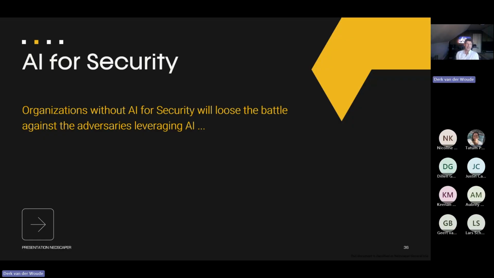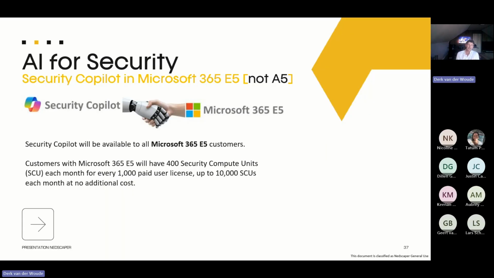So the second part is AI for security. How do I leverage AI in my security operations? One of the big announcements is Security Copilot will be available in the E5 license, not in the A5. Keep that in mind. The numbers are 400 SCUs for every 1,000 paid E5 licenses, up to 10,000 SCUs.